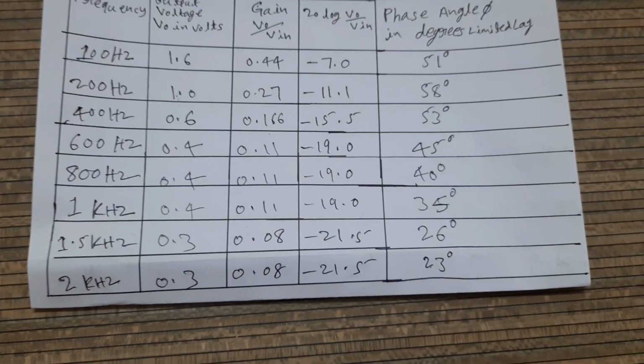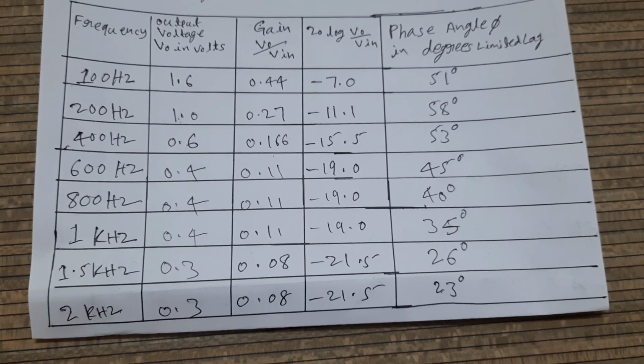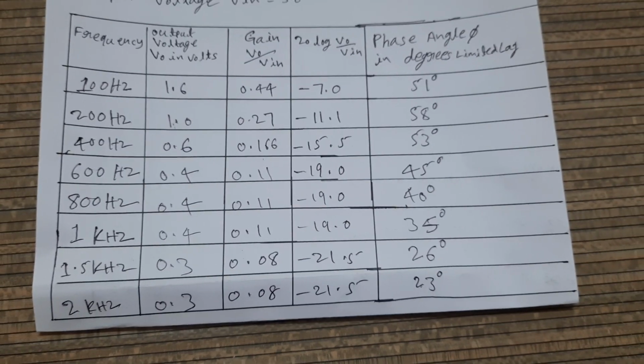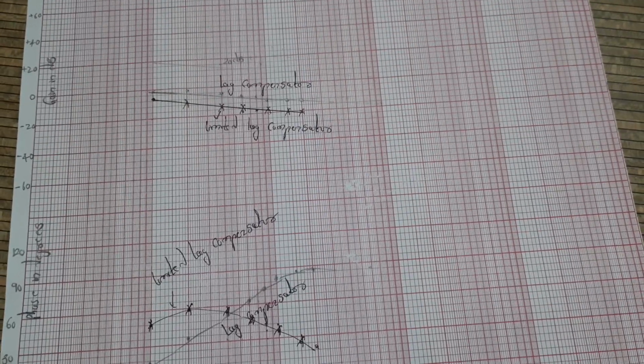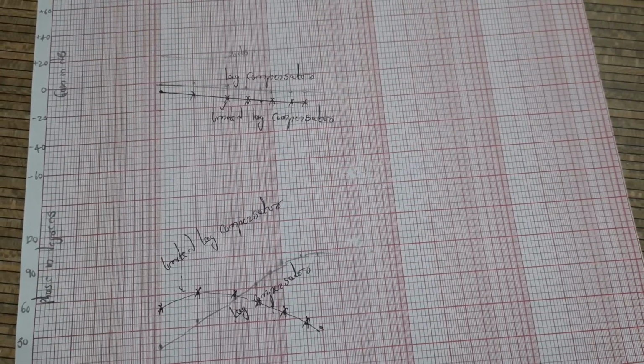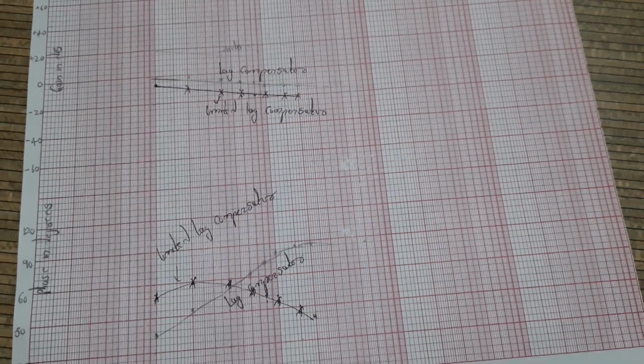You just plot these values, 20 log V0 by Vin, with respect to frequency, and the phase with respect to frequency. This is the way that we have got the graph, something like this. You just compare: the previous one was a lag compensator graph, and the parallel one now is a limited lag compensator.